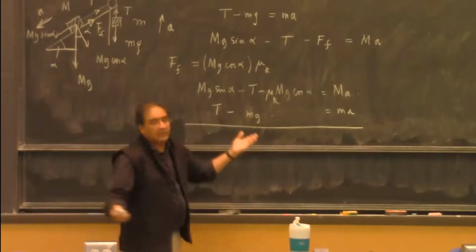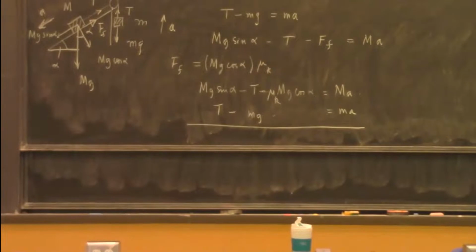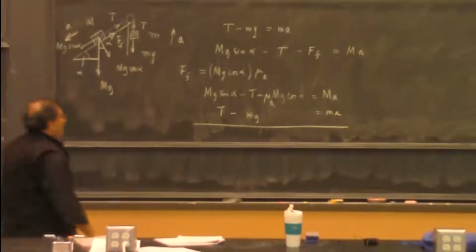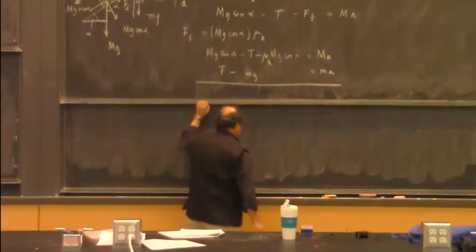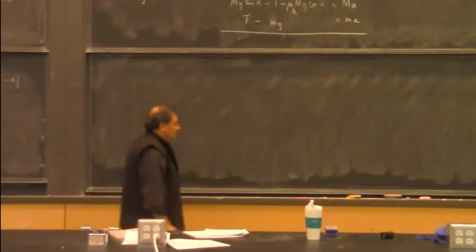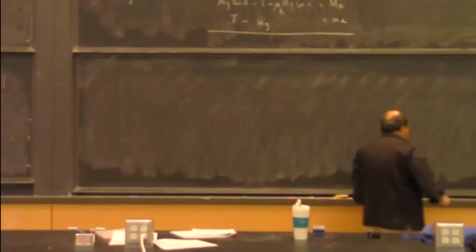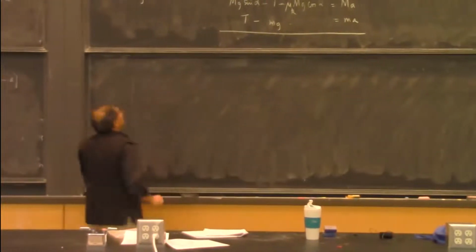If I add the two, I would get rid of T, which will leave me with only one variable, which is acceleration. So the best thing to do, the easiest thing to do to proceed forward is to add the two equations. So this is something that comes through intense practice. More practice you give yourself, more easily you know how to solve these various simultaneous equations without the least amount of work.